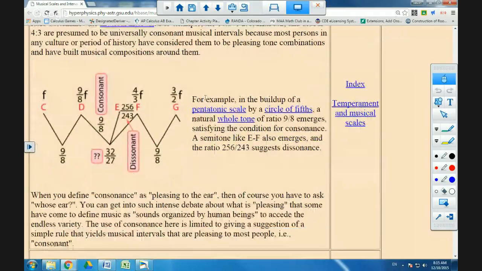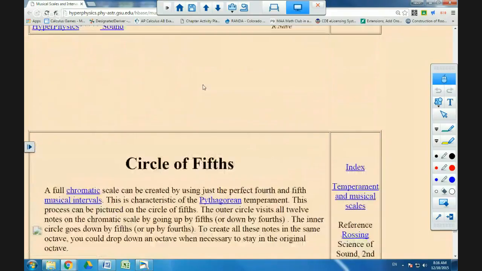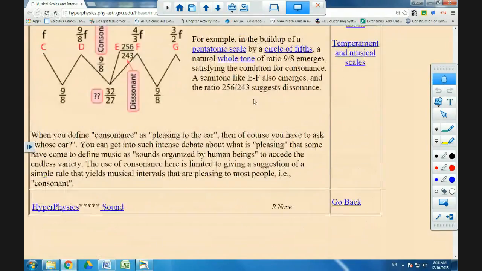Okay. So you can see the dissonant, how you can't really reduce them, but the consonant notes here have single-digit reductions. And you'll look at this site and it says 256 to 243 suggests dissonance.